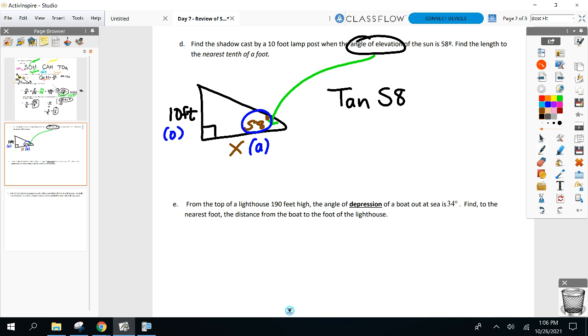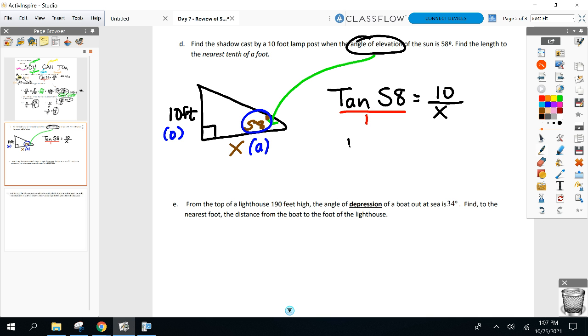Tangent of 58 equals opposite over adjacent. Remember, go back to TOA. T-O-A. O-A. And what did we label opposite? 10 over x. Same thing. You want to solve it? Put it in a proportion and cross multiply this bad boy.